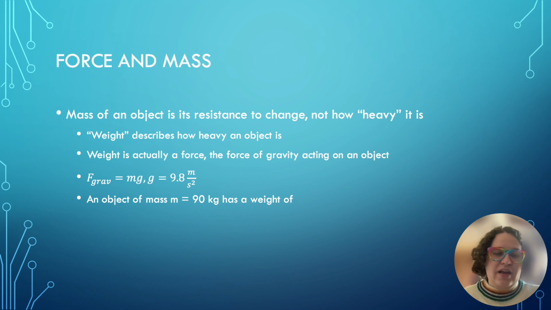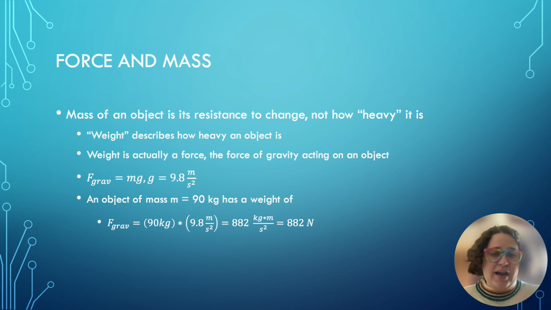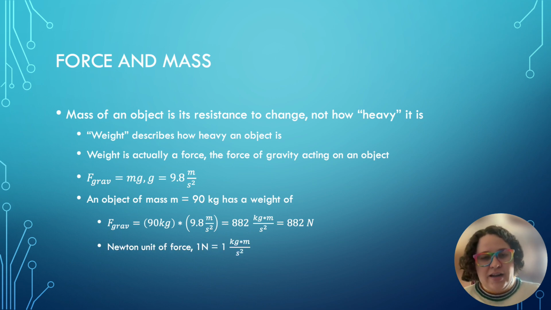So if an object has a mass of 90 kilograms, or 90 kilograms of resistance to being changed, because from Newton's first law an object at rest wants to stay at rest, then its force due to gravity, or its weight, is 90 kilograms times 9.8 meters per second squared, which gives us a weight of 882 kilograms times meters per second squared. Kilogram meters per second squared is our unit of force, and we rewrite it as a Newton, a capital N. So 1 Newton is equal to 1 kilogram meter per second squared.